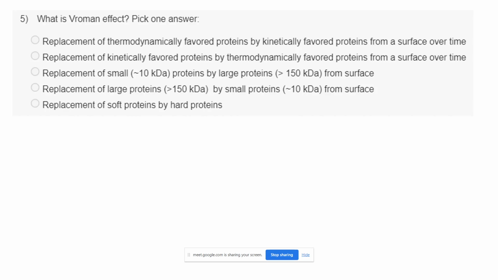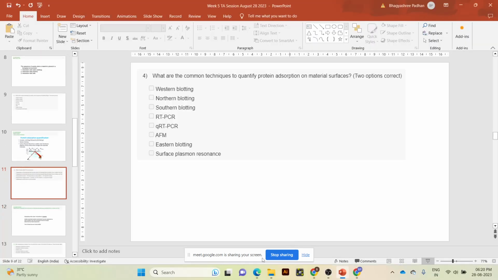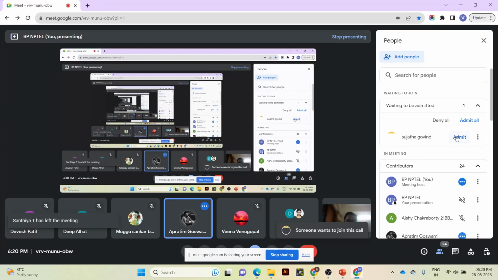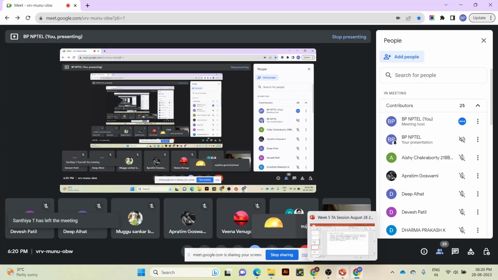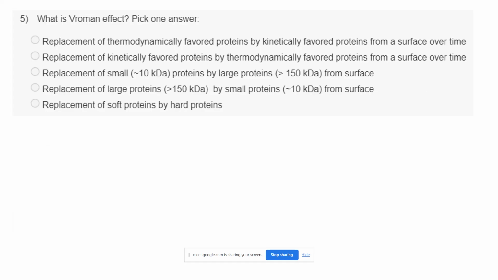Ma'am, option B. Replacement of kinetically favored proteins by thermodynamically favored proteins from a surface over time. Okay. Option B. Anyone else?